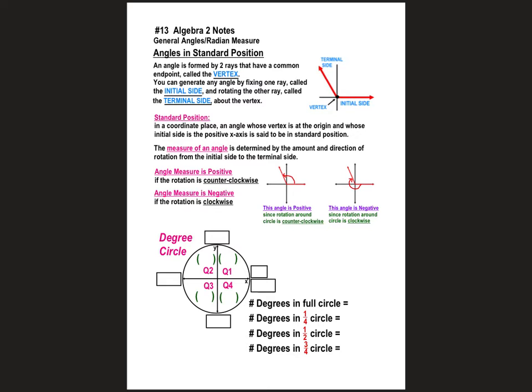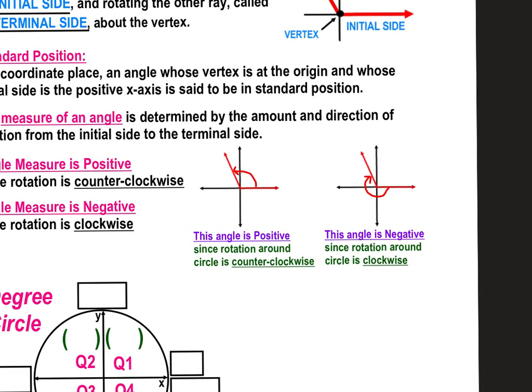If you ever have an angle that is referenced as being negative, what that means is that instead of rotating upwards, which is our positive direction, if it's negative, we're starting at our initial side and moving in the negative direction, so we're moving clockwise.